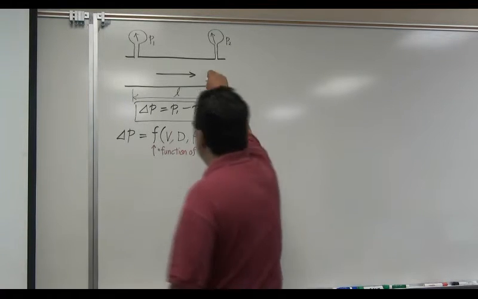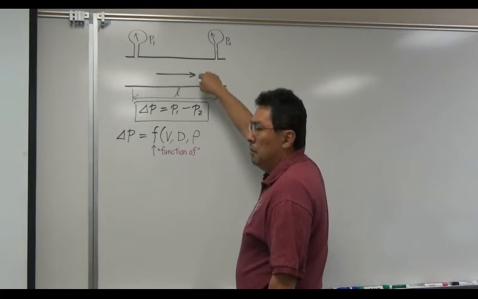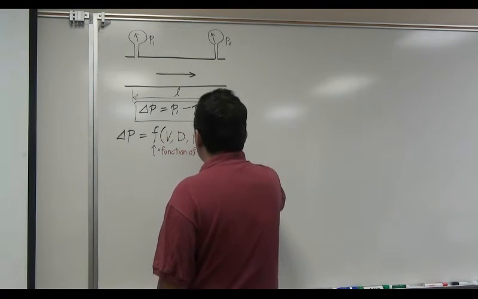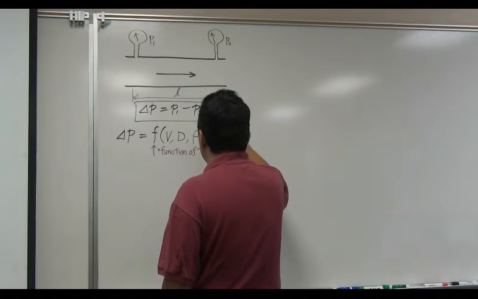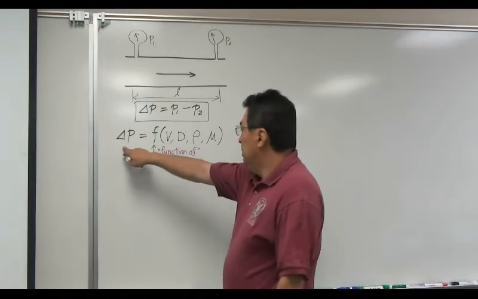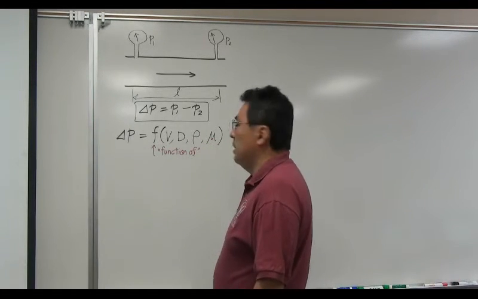And then the type of the fluid inside, of course. The density of the fluid inside the pipe. So delta P also depends on that. And also the viscosity of the fluid. So delta P depends on multiple variables: velocity, diameter, density, viscosity.